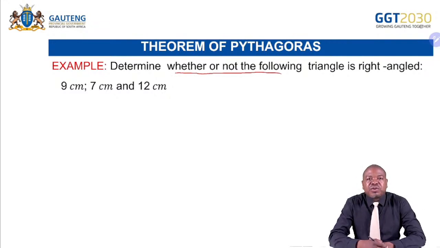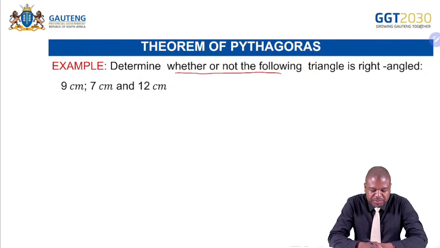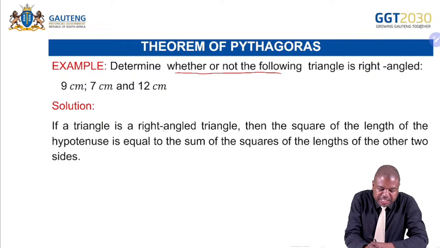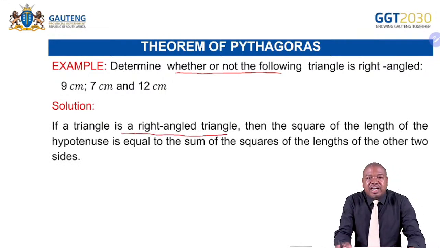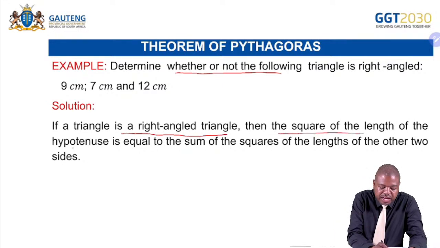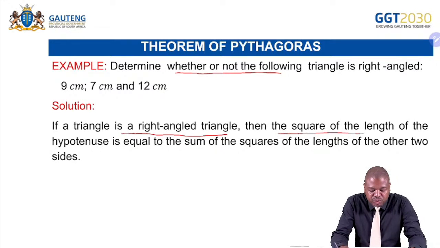What do you think we should do there? We apply our Pythagoras theorem. If a triangle is a right-angled triangle, then the square of the length of the hypotenuse is equal to the sum of the squares of the other two sides.